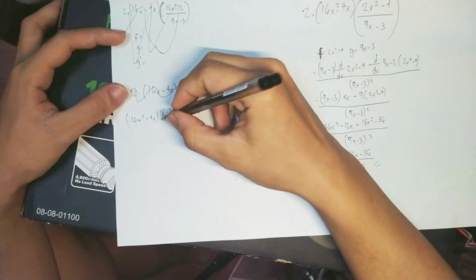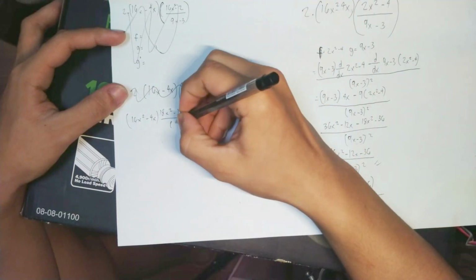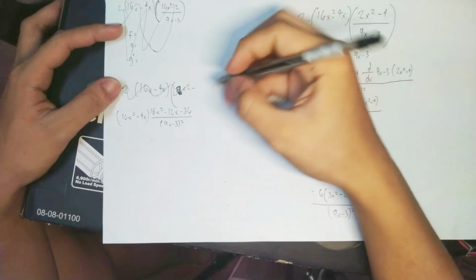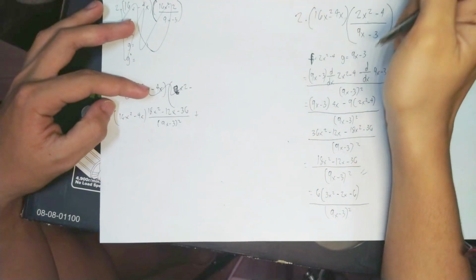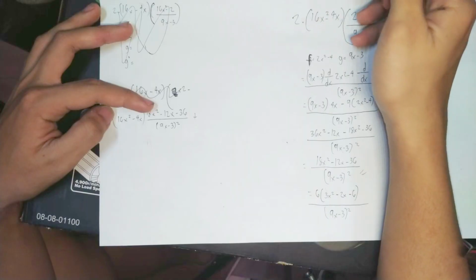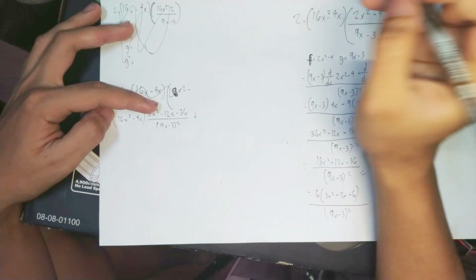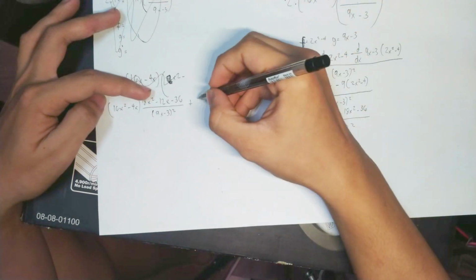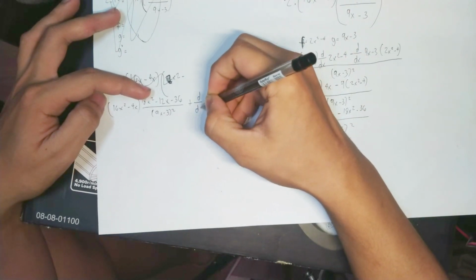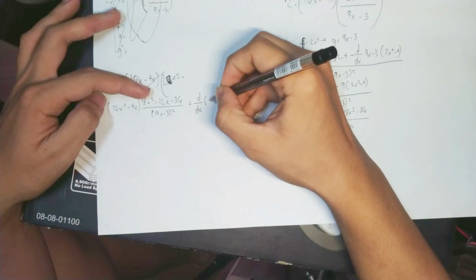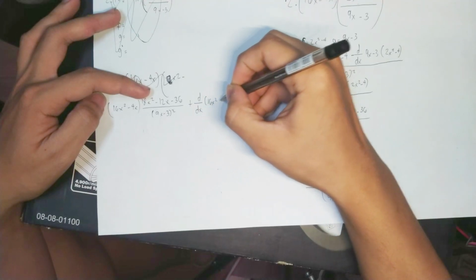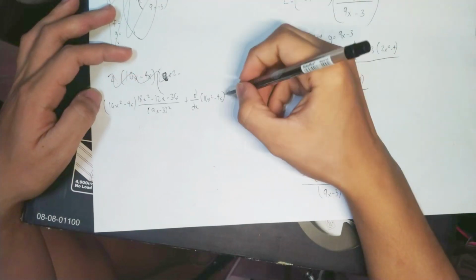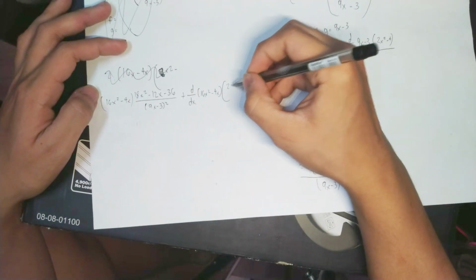And now we get the prime of 16x squared minus 4x. And then the original term for g, which is 2x squared minus 4 all over 9x minus 3.